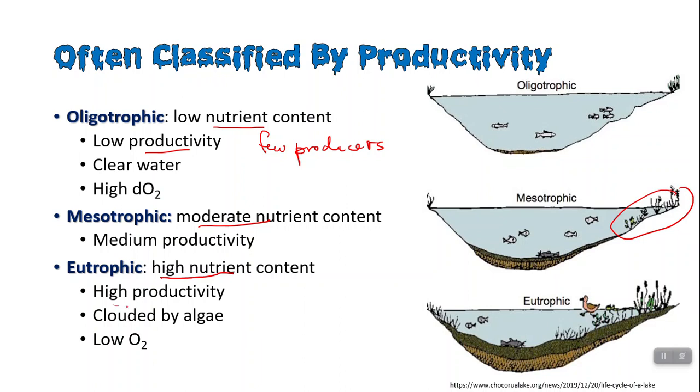They have high productivity. They will tend to have a lot of algae floating in them, so they'll look green or kind of dirty. Notice you got a lot more plants growing in here. Unfortunately, since there are a lot of plants and other animals because of all the nutrients, you tend to have really low dissolved oxygen in these, and that becomes a problem.